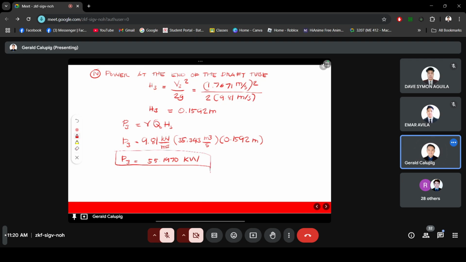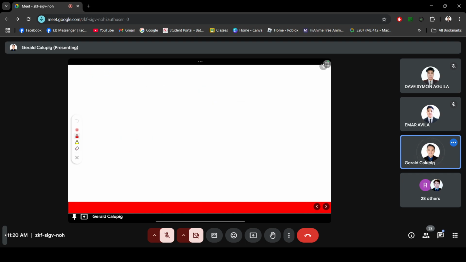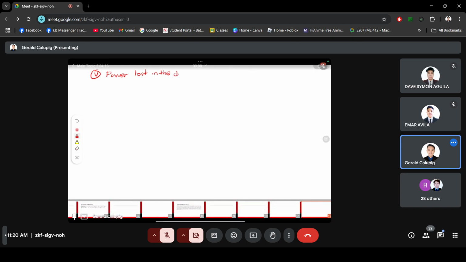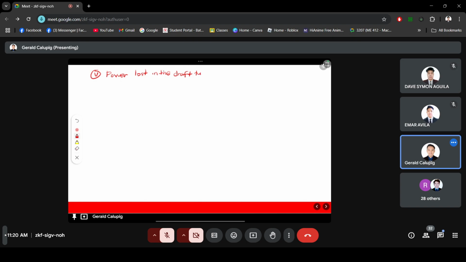Okay. We are already done with the power at the end of the drop tube. So the last item here is the power lost in the drop tube. We can have the formula of the power is equal to specific weight times Q. Power loss is equal to what?